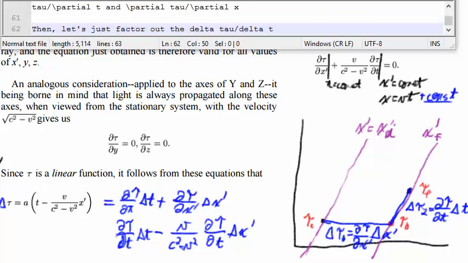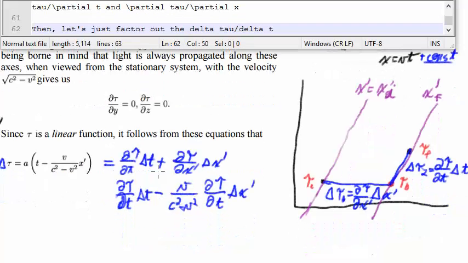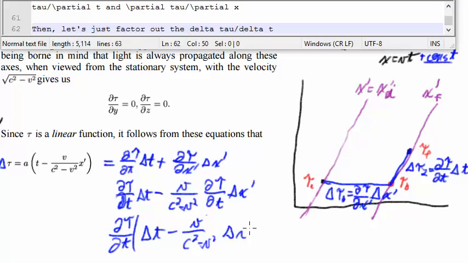Then let's just factor out the delta tau delta t. We'll have delta tau delta t times delta t minus v over c squared minus v squared delta x prime is equal to delta tau.